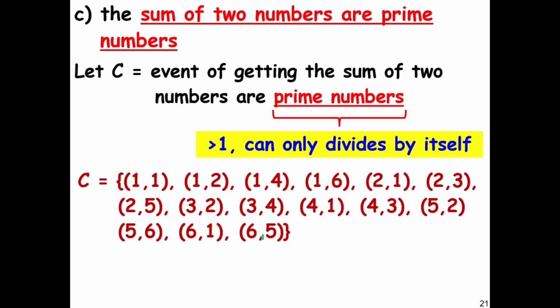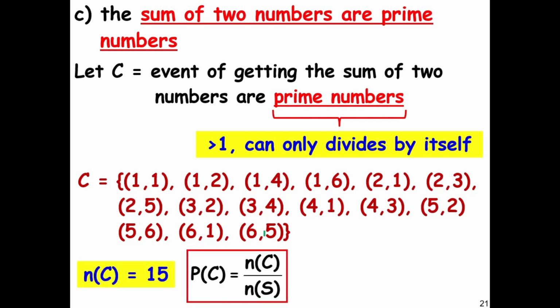Let's count how many outcomes there are for event C to happen: 1, 2, 3, 4, 5, 6, 7, 8, 9, 10, 11, 12, 13, 14, 15. The number of C is 15. Once again, P of C equals N of C over N of S. Therefore, it is 15 over 36. Simplify it, and you will get 5 over 12.